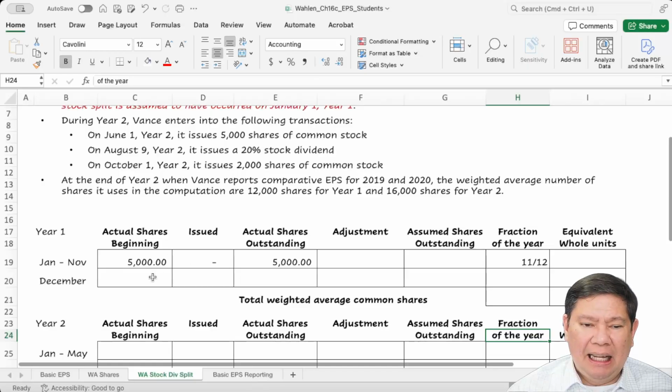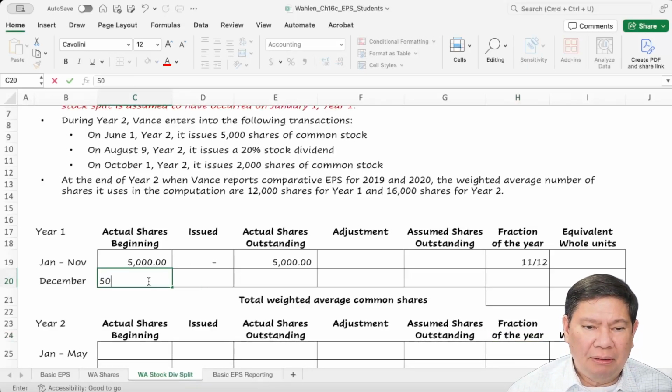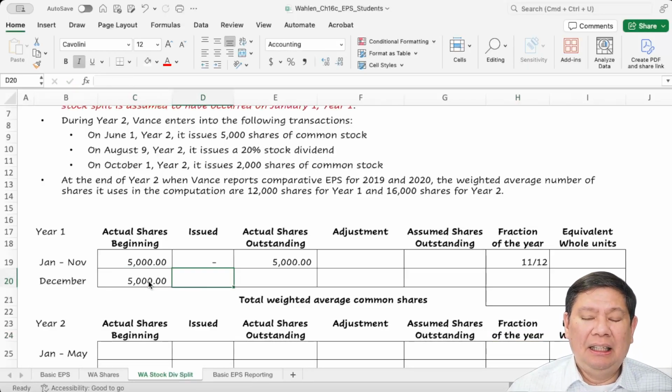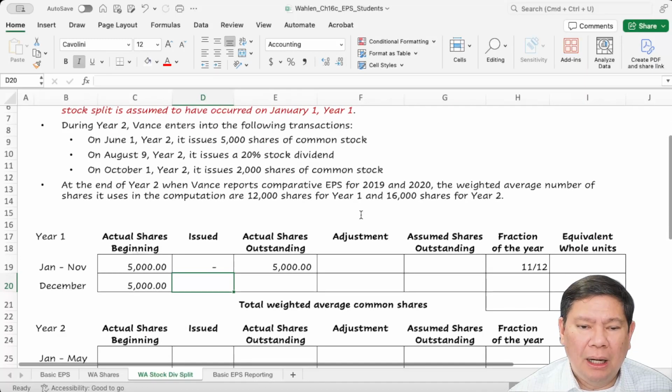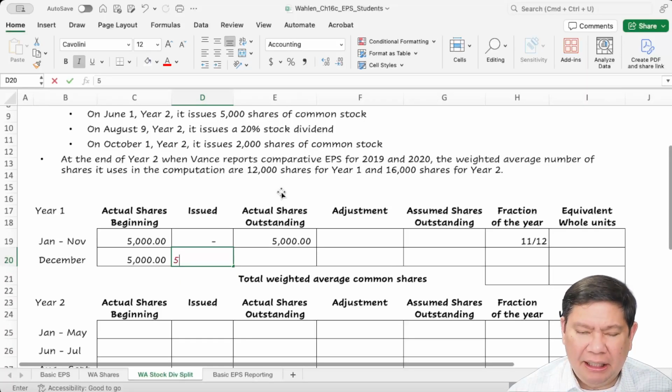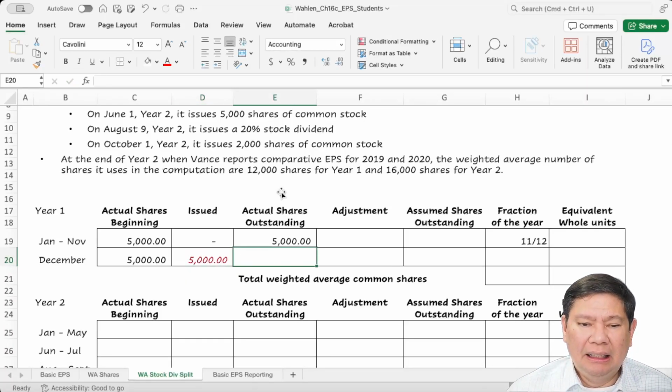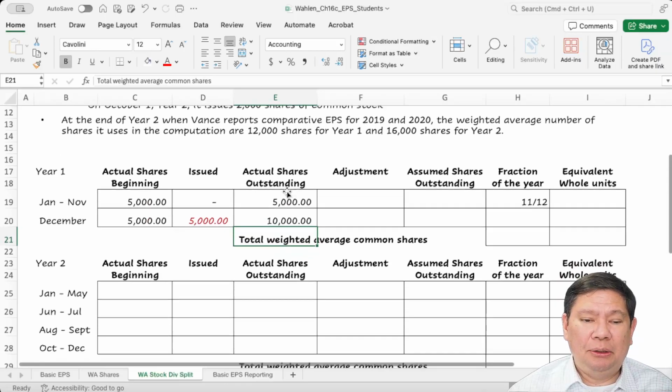And then in December, it started with 5,000 shares, and then the company's stock split 2-to-1. That means they will issue an additional 5,000 because of the stock split, and the actual shares outstanding becomes 10,000. That's for December. And then we move to year two.